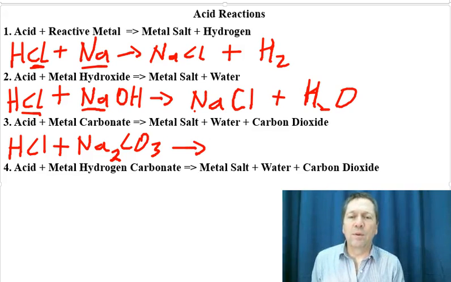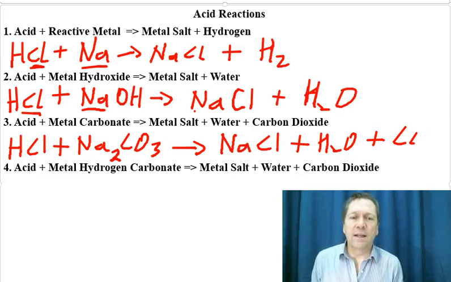Now, you will probably be able to do all of this fairly straightforwardly at this point. You've got the sodium chloride, which is the metal salt, plus water, H2O, plus carbon dioxide gas. So you'll see that this whole reaction breaks the carbonate into carbon dioxide and the water.